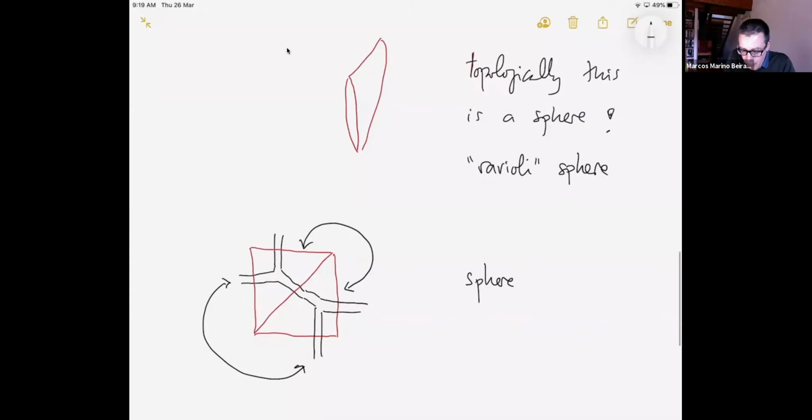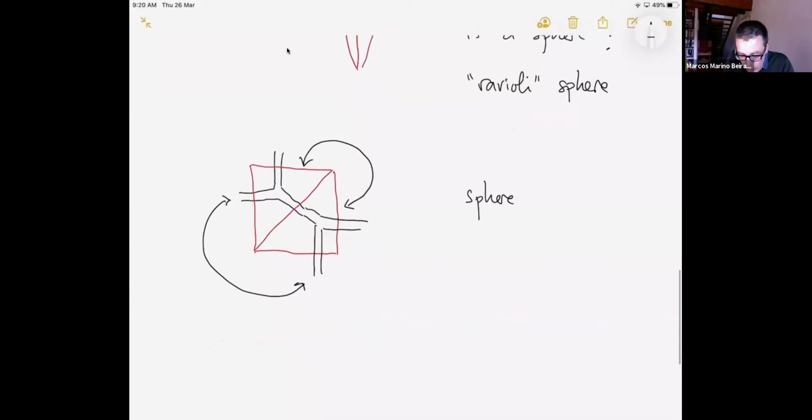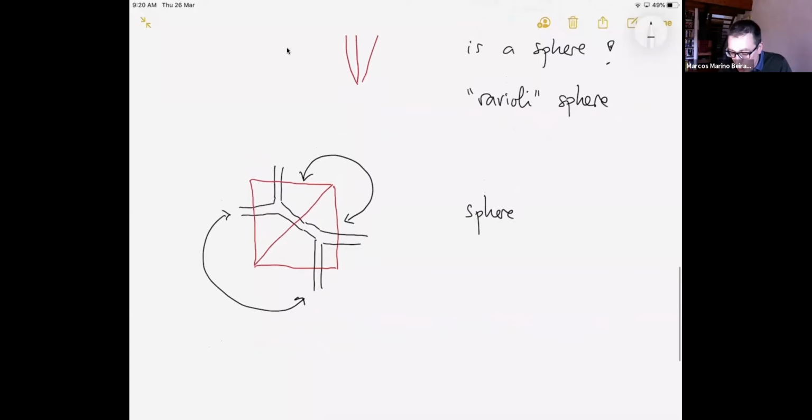Okay. Now this representation is actually useful in order to understand what happens when we do the opposite diagram. Remember that there was this diagram in which we crossed the lines.